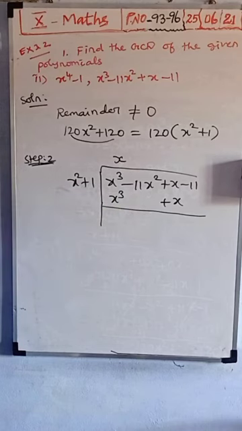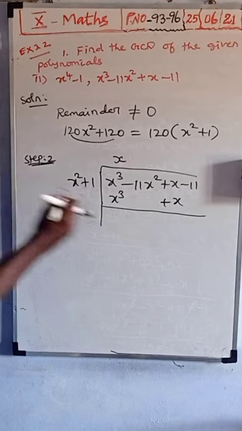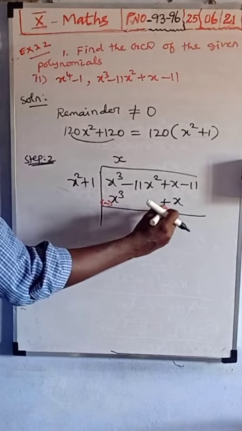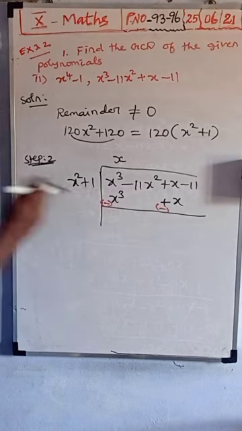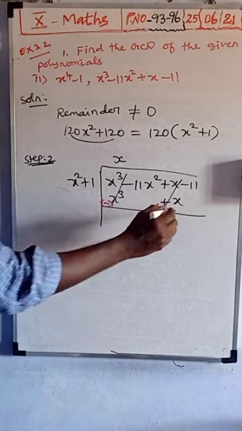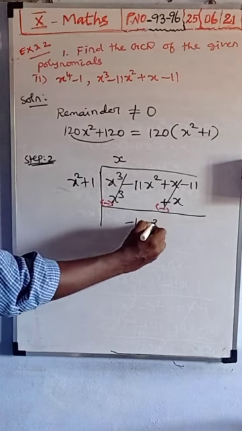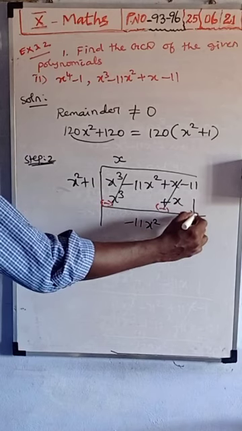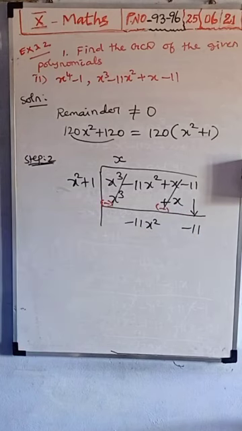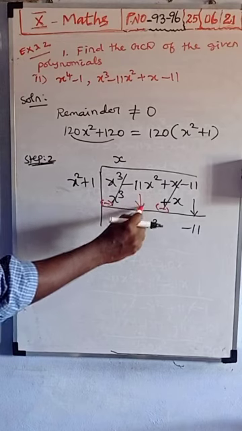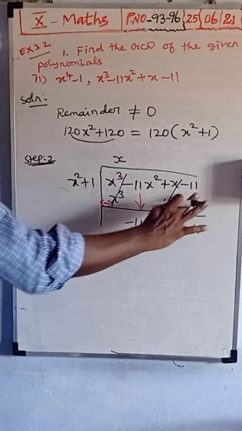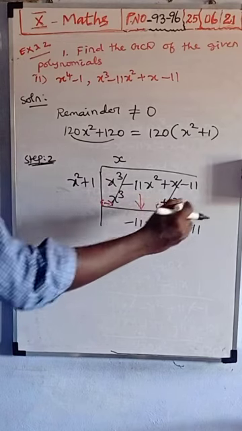Now how to change the symbol? Changing this, here minus, here minus. So this gets cancelled, this too gets cancelled. Remaining minus 11x squared. This minus 11 comes down. Here minus 11x squared minus 11 comes down.